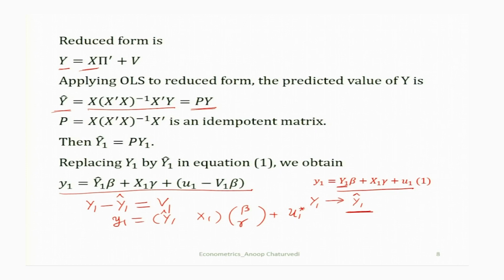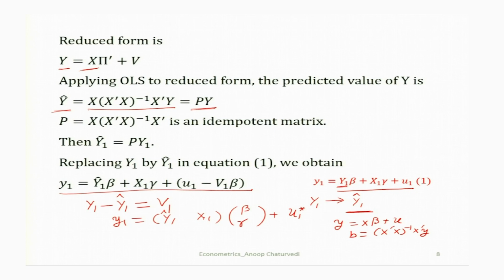So, how do we get the OLS estimators for beta gamma? For the simple model y equal to x beta plus u, the expression for the OLS estimator is x transpose x inverse x transpose y. So, we apply this formula.